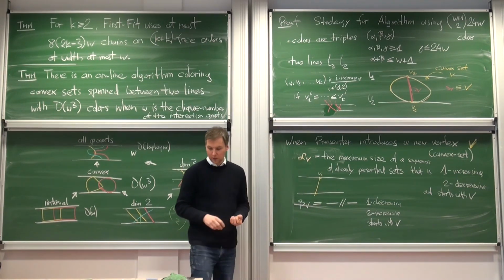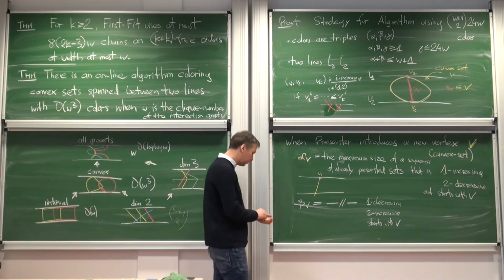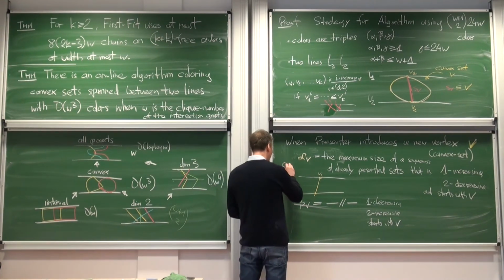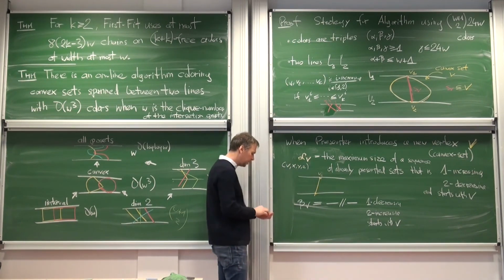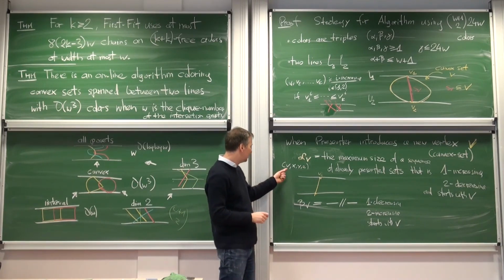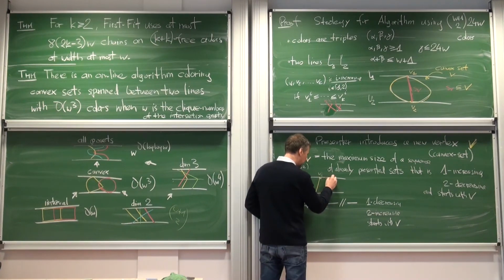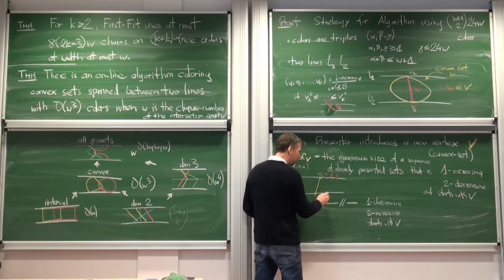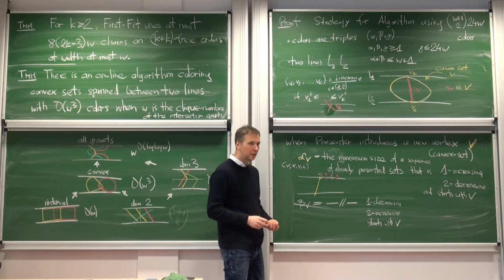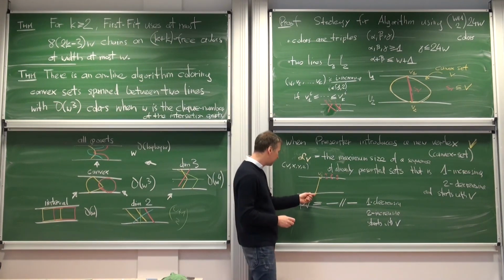Now, if we think about some candidate sequence, let's call it V, X, Y, Z. When would it be a candidate sequence? When it's 1-increasing, so the corresponding segments X, Y, Z start at points like that. And it's 2-decreasing, so the corresponding thing starts from V and goes here.